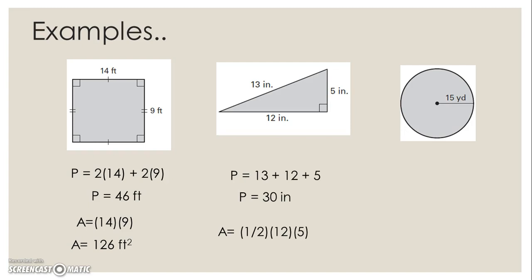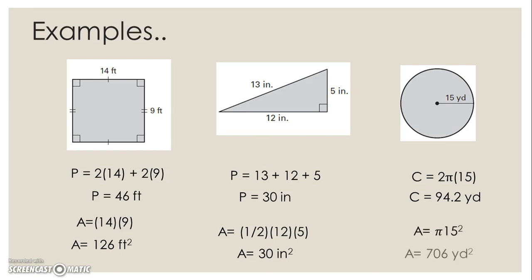Area is 1/2 times the base, which is 12, times the height, which is 5, and we get 30 square inches. And then for a circle, this is circumference, which is 2 times radius times pi. So this is 30 pi, or 94.2. And then area is 15 squared times pi, so 225 pi, or 706 square yards.